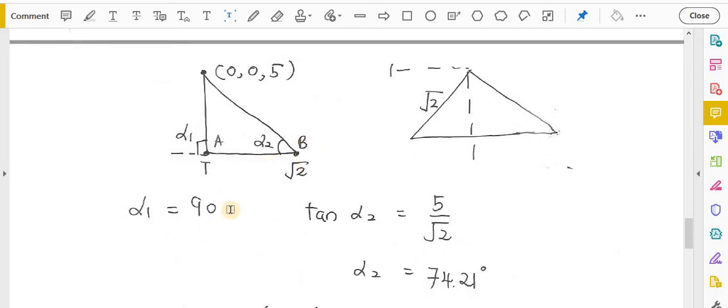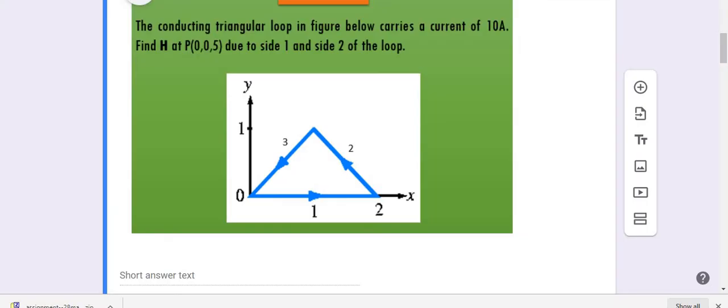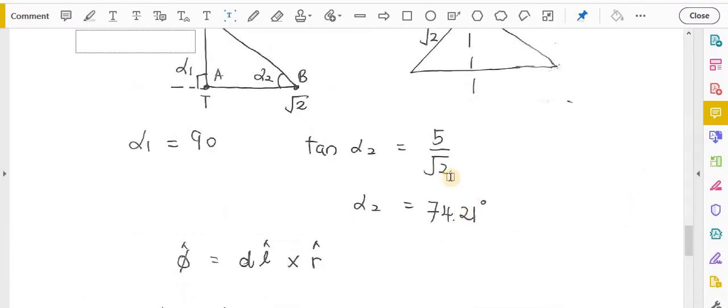Like just now, alpha 1 will be 90 degrees. As for your alpha 2, it will be 5, the magnitude of vector r, over the square root of 2. You can get this value using this triangle: this is 90 degrees, this is 1, and this is 1, so the length here will be equivalent to square root 2.